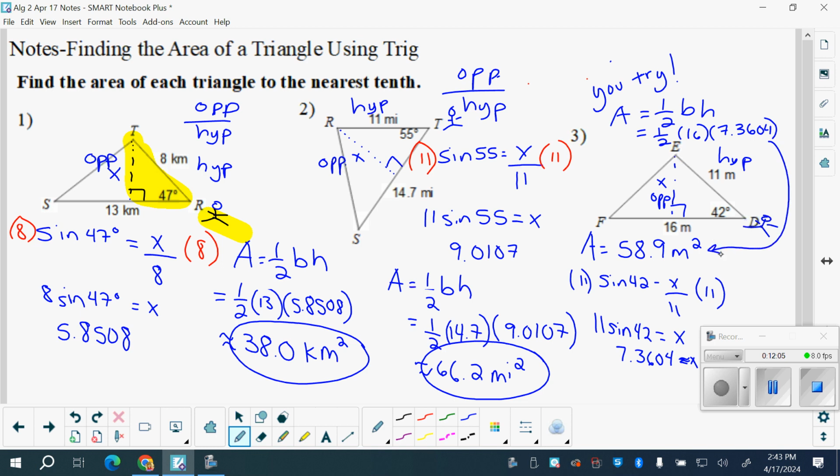Okay, there's a problem up there. Any questions on that? 58.9 square meters is your answer. Everyone I checked had it. Okay, the next example.